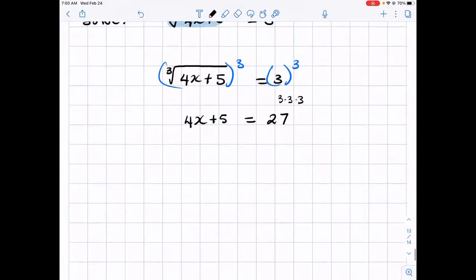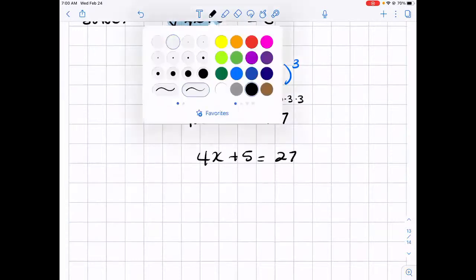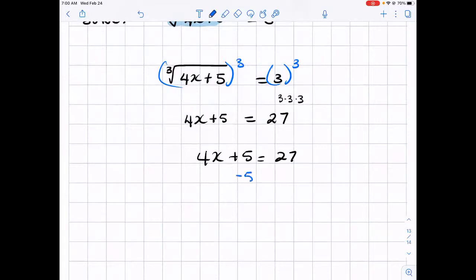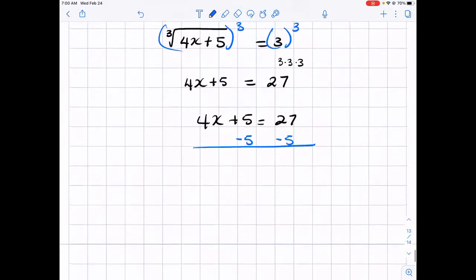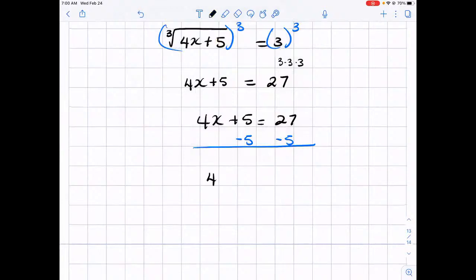And now we solve. So to solve, we'll first get rid of the 5. So we'll minus 5 on both sides. When we do this, we end up with 4x, since the plus 5 and the minus 5 cancel, and 27 minus 5 is 22.